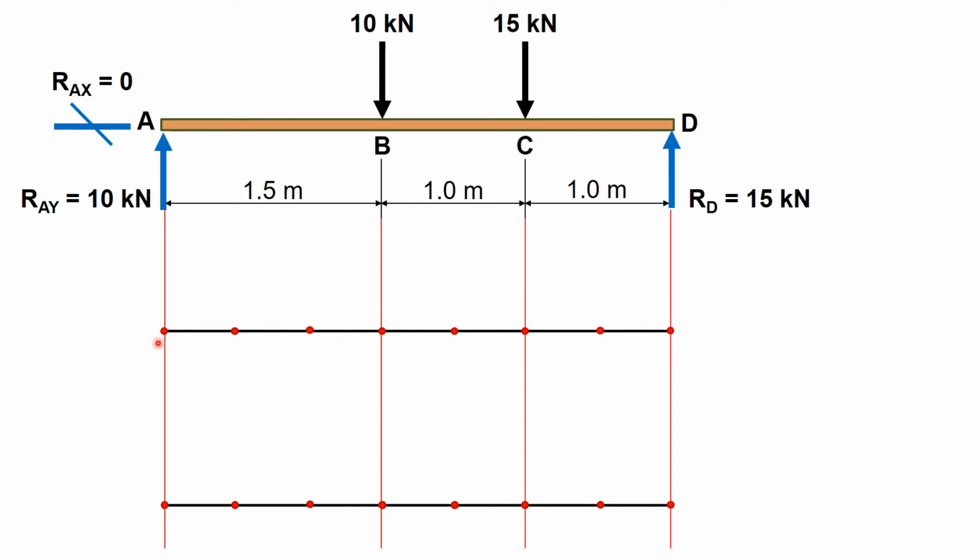Now, itong mga red dots, temporarily, we will use this dahil ito yung points na kinuhanan natin ng values ng shear at ng moment. So, bali dalawang lines na parallel sa beam ang gagamitin mo kasi yung isa ay para sa shear equation or shear diagram and then the other one is for the moment equation.